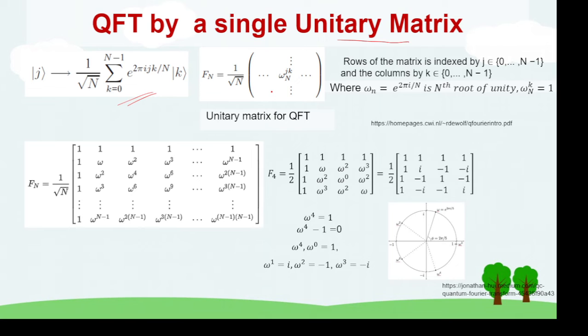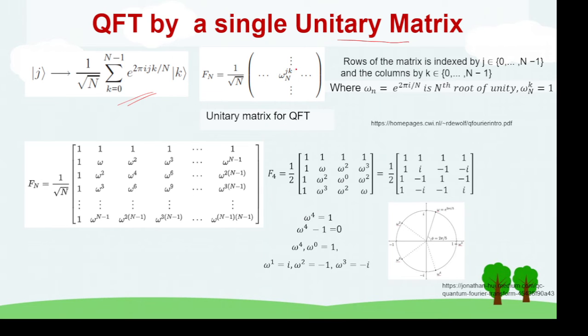In fact, the equations given in the previous slide are all taken from Nielsen's book. He has also verified that this matrix is unitary. So what is this matrix? It's given as omega n to the power of j and k, where n represents the size of the problem.